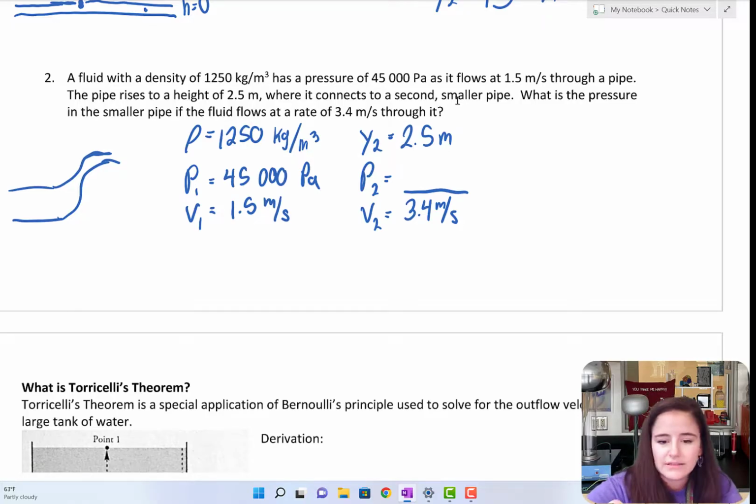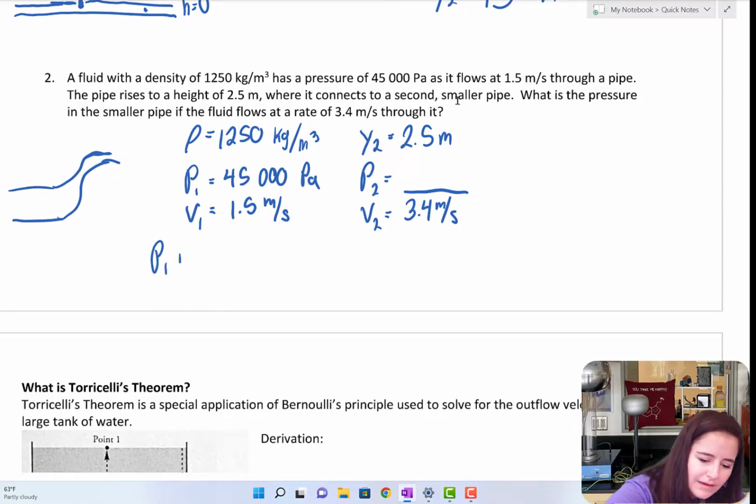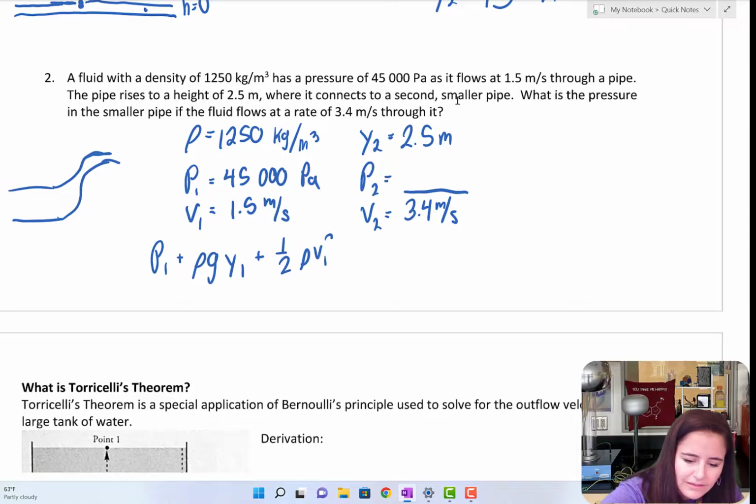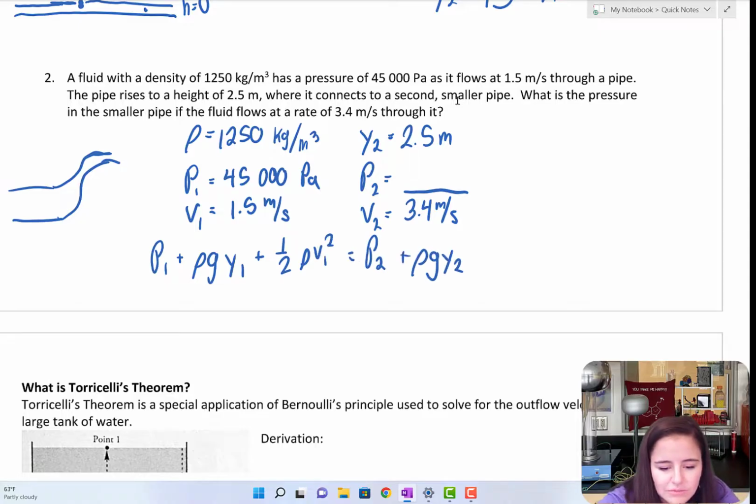Let's go ahead and set up our problem. We have P1 plus rho g y1 plus 1/2 rho v1 squared equals P2 plus rho g y2 plus 1/2 rho v2 squared.